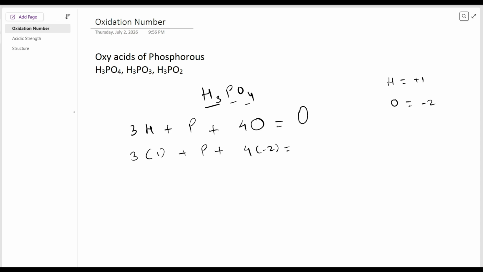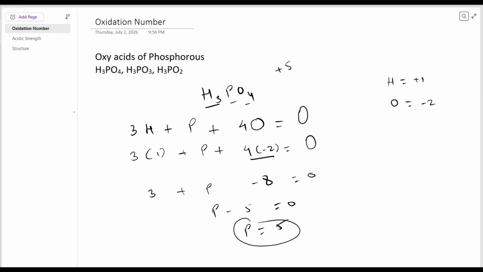So 4 into -2 is -8 and 3 into 1 is 3. So 3 plus p minus 8 is equal to 0. We get 3 minus 8 is minus 5, so p is equal to 5. So this is the answer for H3PO4: the oxidation number of phosphorus is +5.